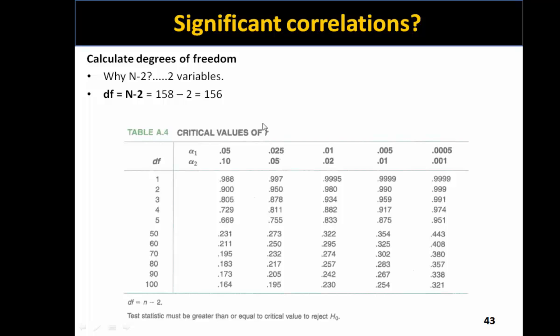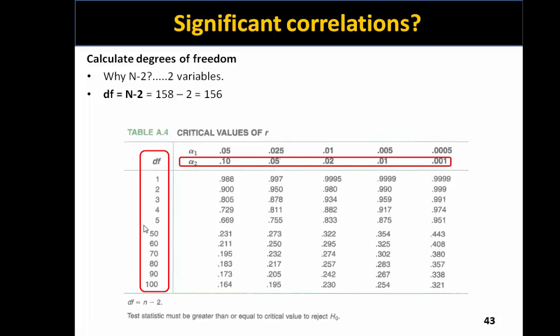We then go to the table of critical R values. So this has a similar idea to the Z table, except that this is an R table. And with the R table, what we're looking for is the degrees of freedom that we calculated, and it's always going to be n minus 2. And we look for the level of statistical significance. And so alpha 2 means non-directional, whereas alpha 1 means directional.